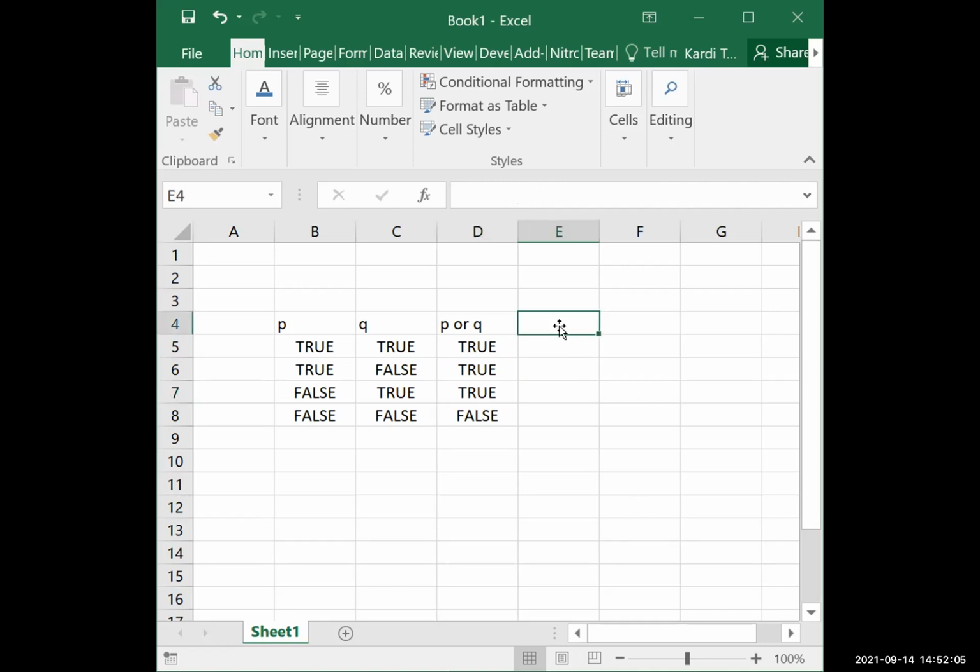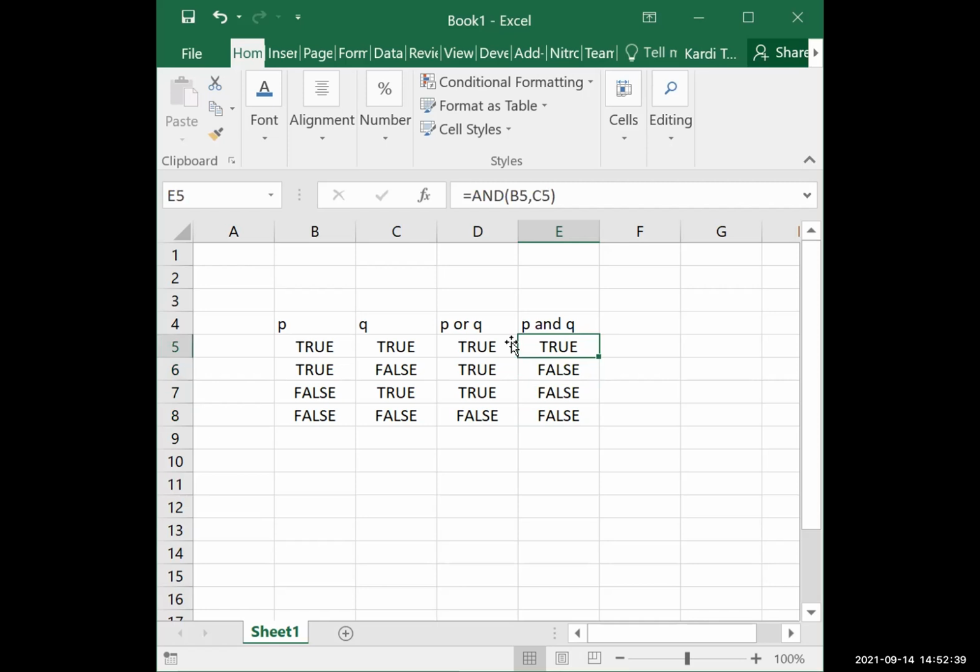Okay, let's do this one. P and Q. What is P and Q? So true. This one is AND of P and Q. Okay, and then copy down. False. This one is false. How about the third row? False. Also false. And the last one is also false.